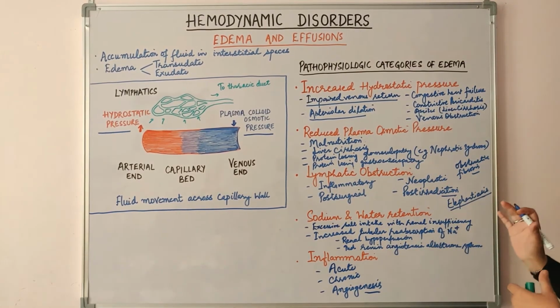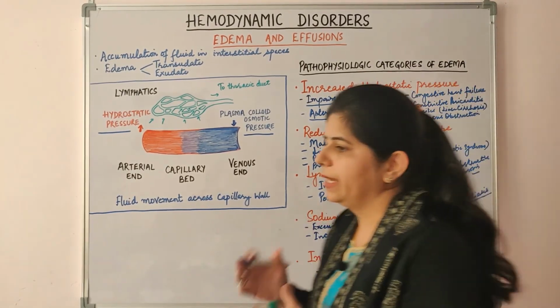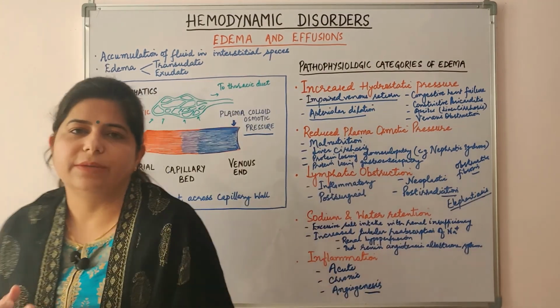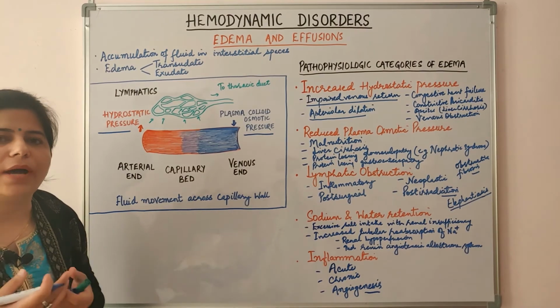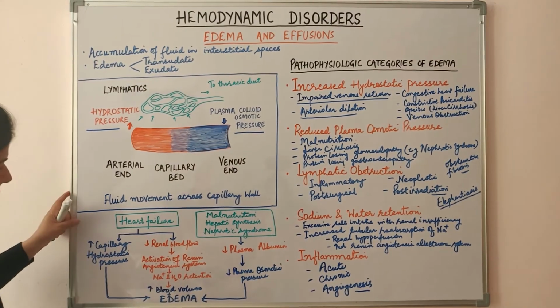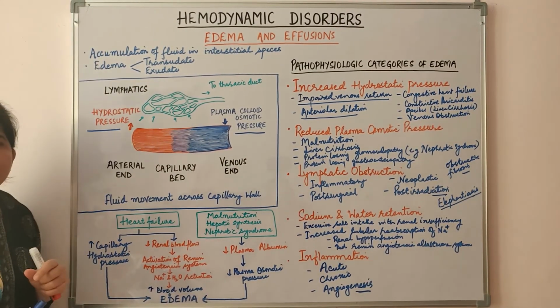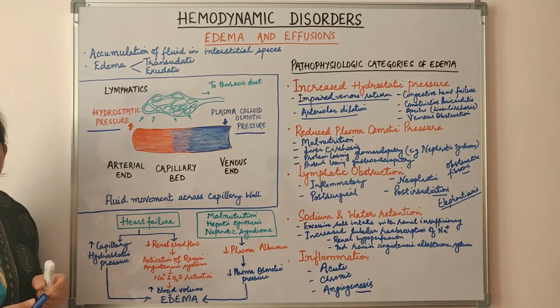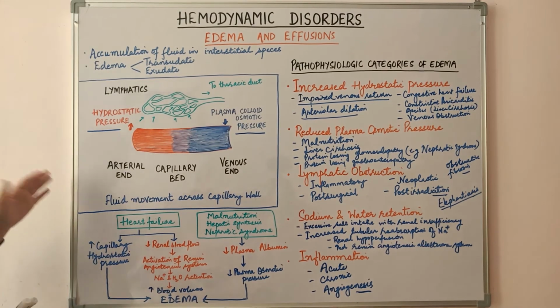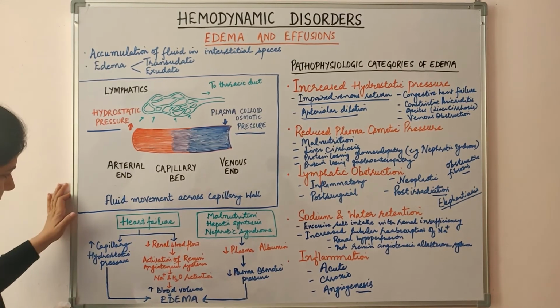So now let us discuss the mechanism of systemic edema in heart failure, renal failure, liver failure, and in malnutrition. This flow chart shows the mechanism of systemic edema in heart failure, renal failure, malnutrition, liver failure, and in nephrotic syndrome.